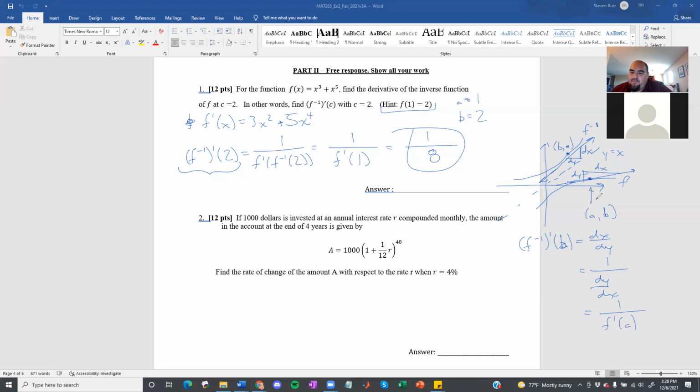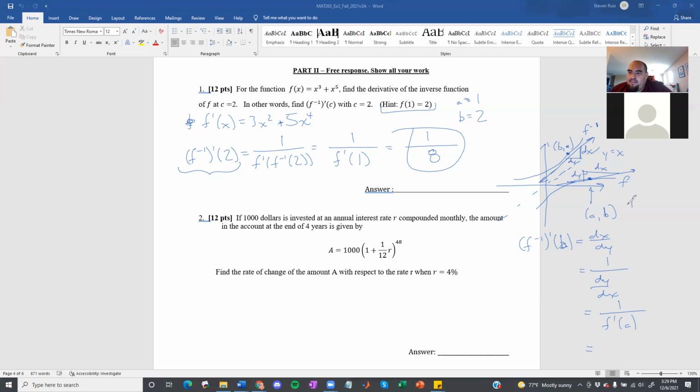Okay, so are you with me on the 1 over f prime of a? Yeah, I'm with you. Okay, so this is all correct so far, except the whole point of this theorem is that I don't have to look for different inputs. So I started this thing off by talking about b, so I want to end it talking about b. So how are a and b related?